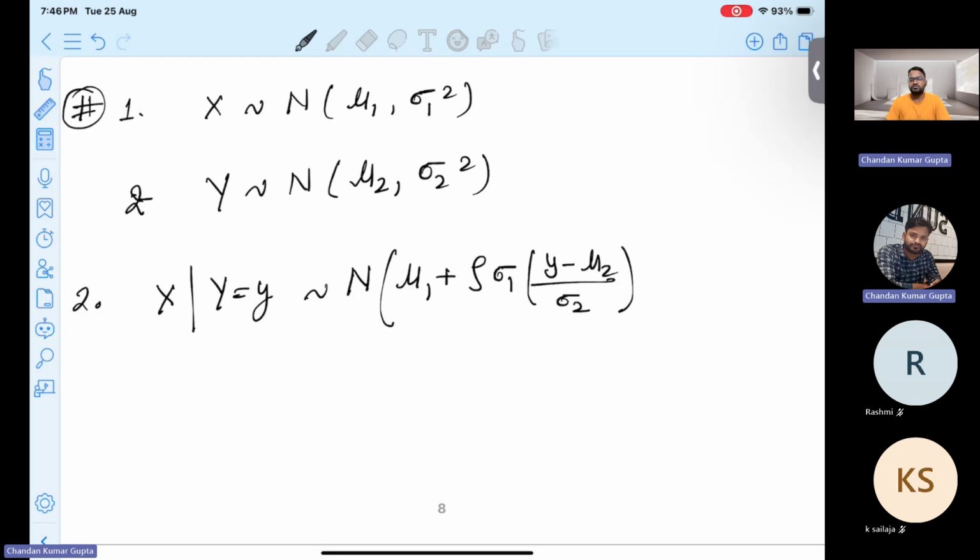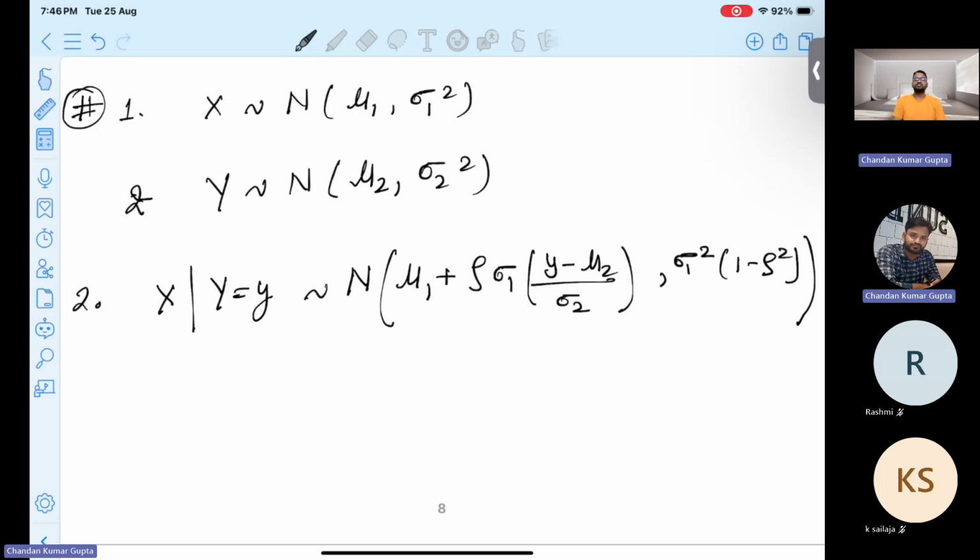This is the mean value for the conditional random variable X given Y equal to small y, where small y is some value. And the variance is sigma1 square times 1 minus rho square.